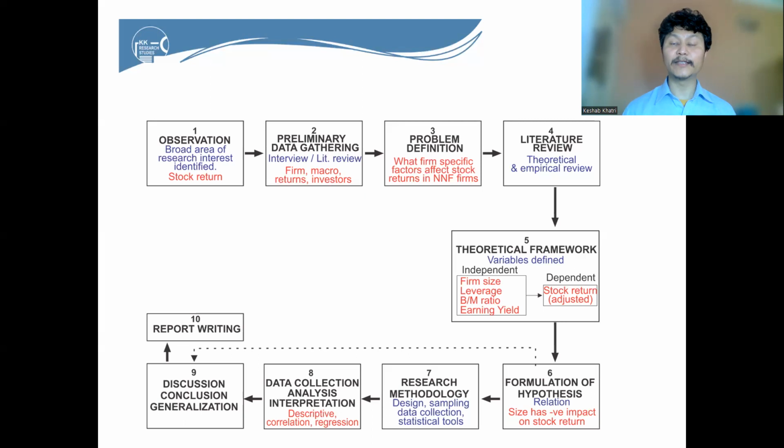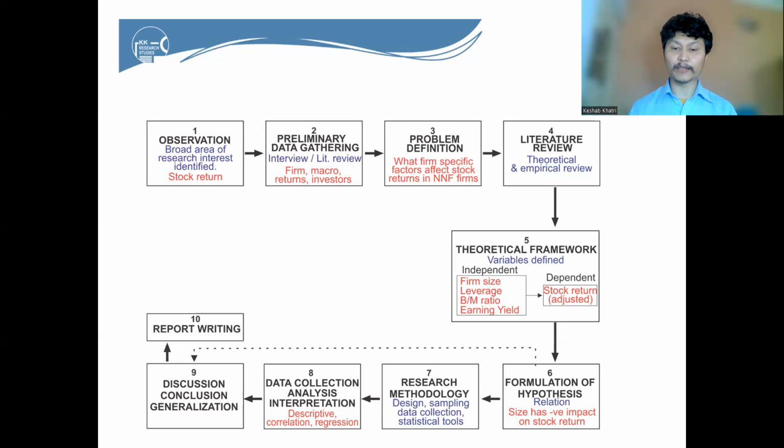So the higher the size, or the bigger the size, they have low return in the Nepalese stock market. And this negative relationship has been hypothesized based on the empirical findings in different parts of the world. So in this way, we try to develop the hypothesis for all the variables.